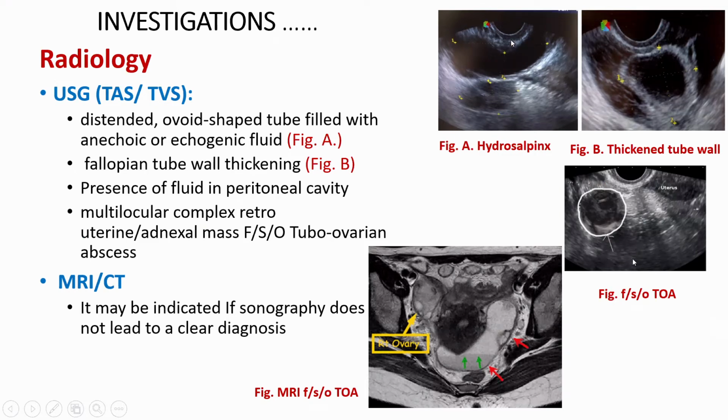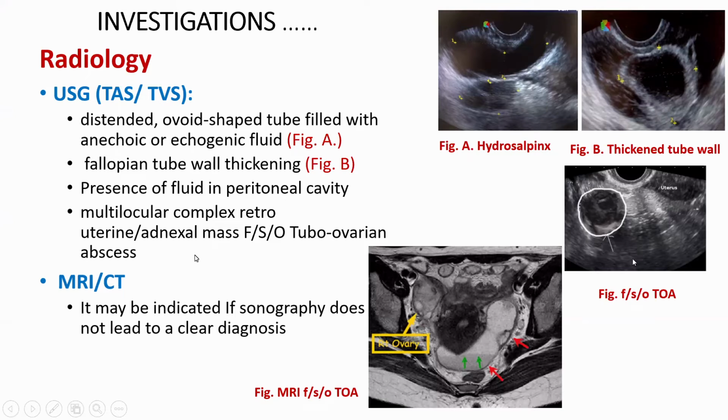So this is the hydrosalpinx. In pelvic inflammatory disease you can also appreciate thickening of the tube lining and of the wall of the tube. Other findings could be the presence of free fluid in the peritoneum, or an abscess, where both the tube and ovary get clumped to form the tubo-ovarian abscess.